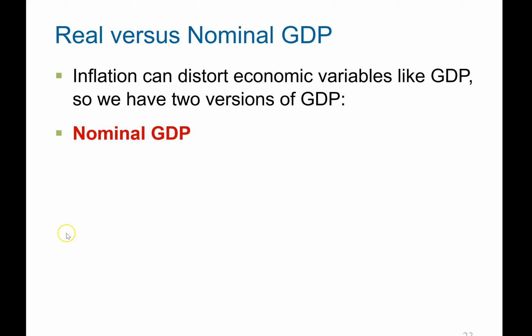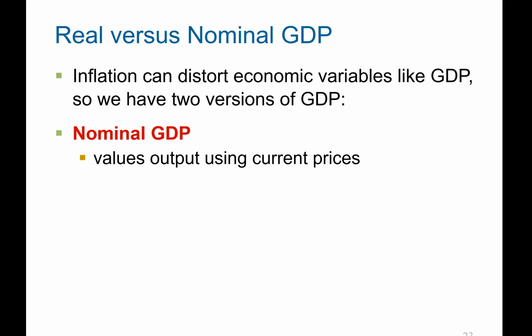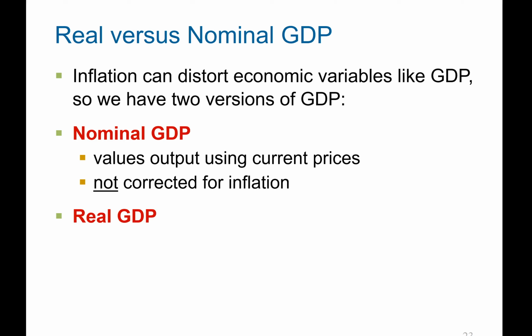So we want to understand the difference between nominal GDP and real GDP, which takes away the effects of inflation so we can look more accurately at the results. So nominal GDP then is the values using current prices. And it's not corrected for inflation. Very easy to understand. It is simply price times quantity on its face.